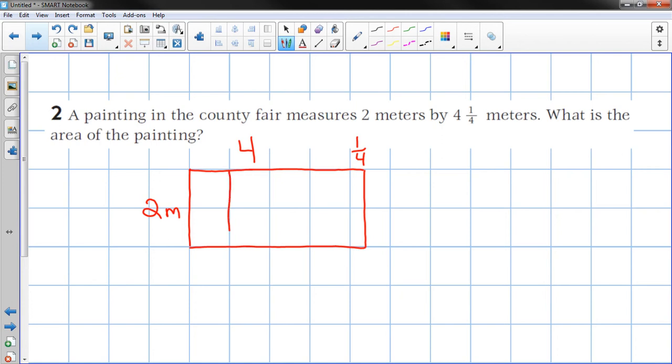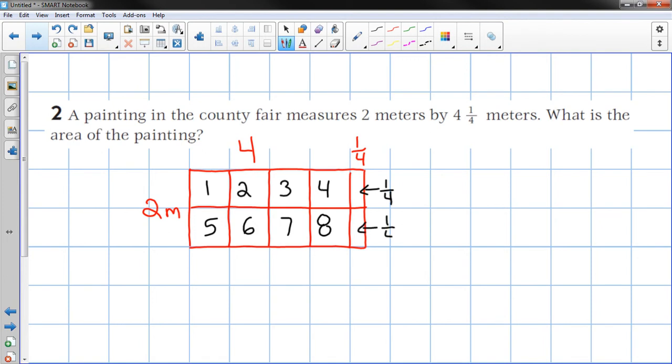So if I break this up like this, each whole square is equal to 1 square meter. So I have 1, 2, 3, 4, 5, 6, 7, 8, and then I have 1/4 here, and I have 1/4 here.